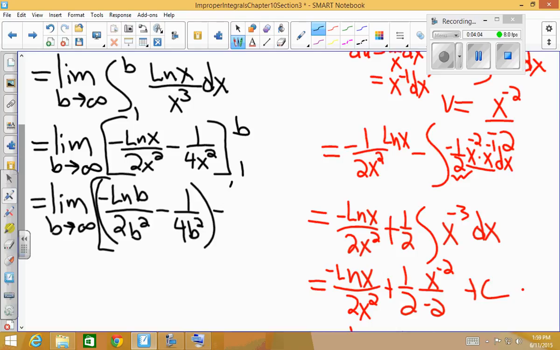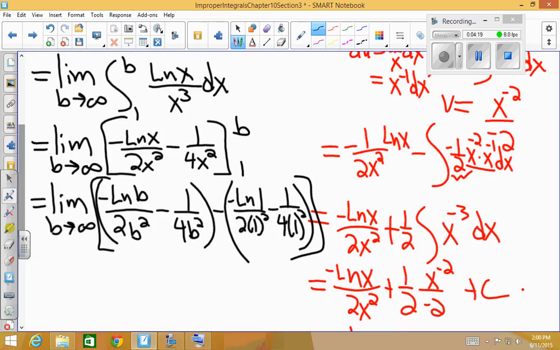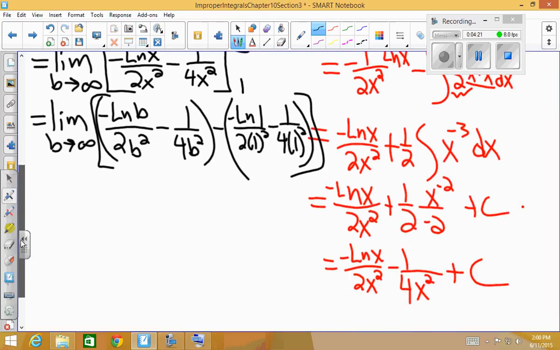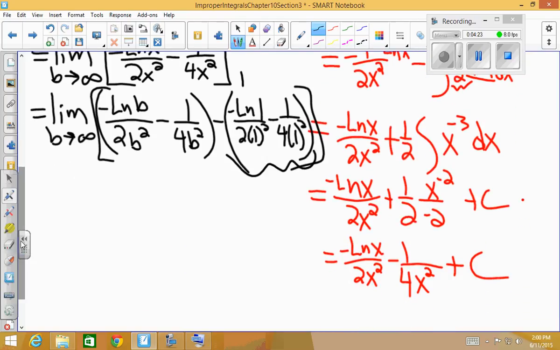Then we subtract and we put in the lower limit of integration, which is 1, so negative natural log of 1 over 2 times 1 squared minus 1 over 4 times 1 squared. And then we're going to have to do that limit. The first thing that we should notice is that this second term consists of only constants. And so when you take the limit of that, you're just going to end up with that constant.